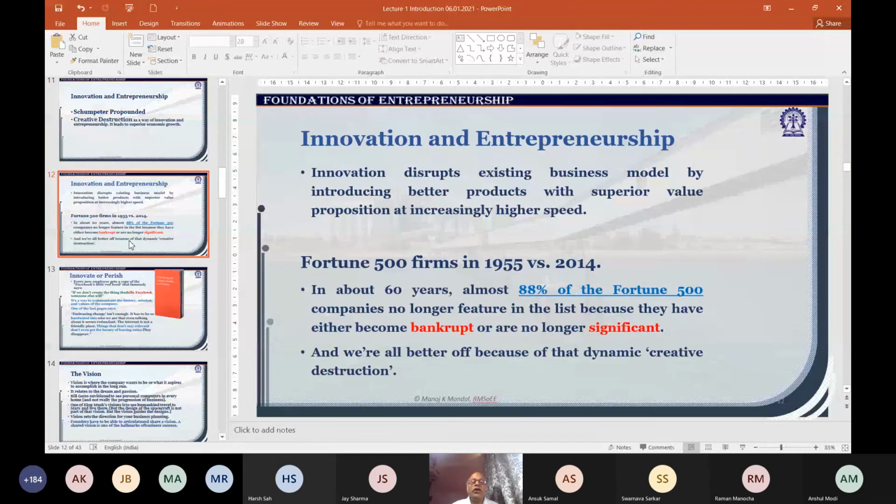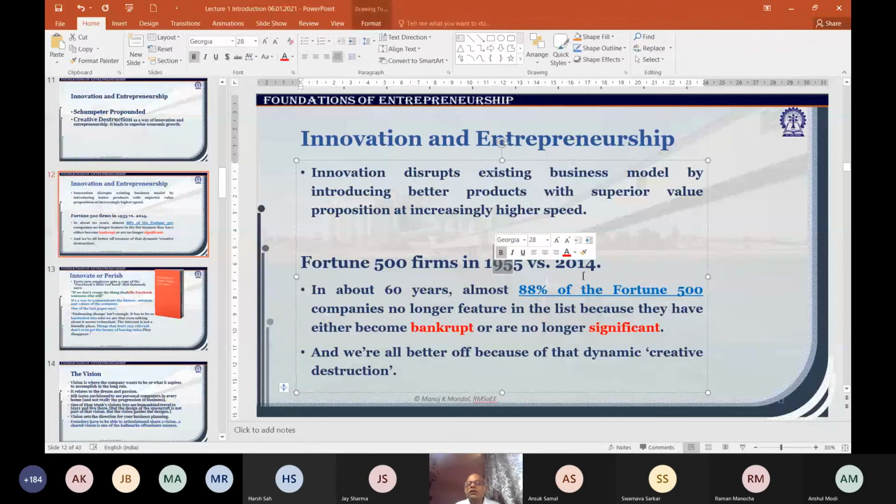And that is why over a period of 60 years, from 1955 to 2014, 88% of Fortune 500 companies became extinct. Meaning either they became bankrupt or they merged with some other companies. Why? Because newer generation companies came up with innovation, they killed those companies.